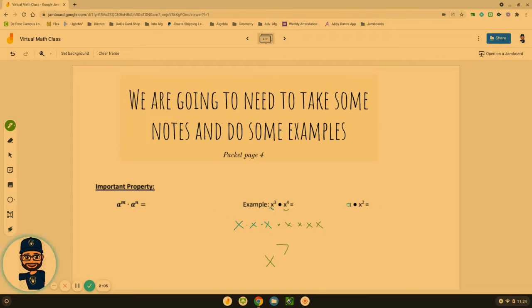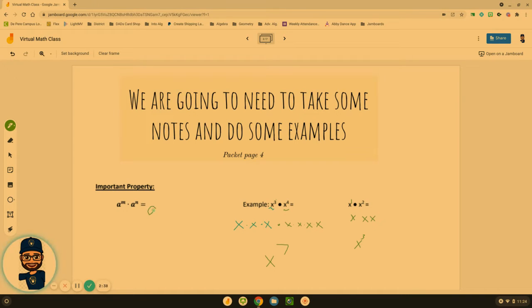Well, what do you think happens if I have x times x to the second? Well, this is x. This is x times x. So we really have x to the third. Even though there's not anything there, it's a 1. So what do you think this property or rule might be telling us? If we look at x to the third times x to the fourth, we got x to the 7th, or x to the first times x squared equals x to the third.